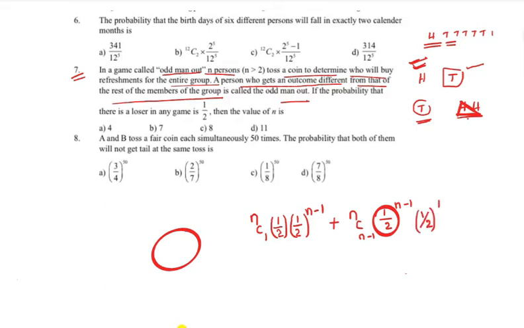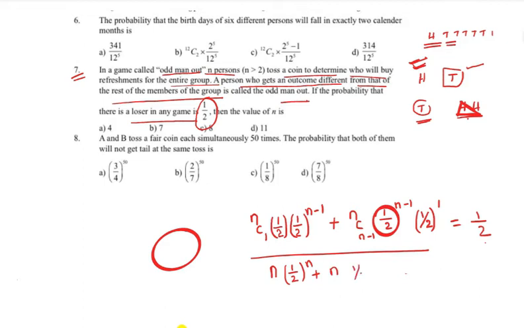Okay, so this is given in the question as 1 by 2. Because the question says the probability of a loser in any game is 1 by 2. So nC1 into 1 by 2 whole to the power of n, which is n into 1 by 2 whole to the power of n, plus nC(n minus 1), whose value is also nC1 only, into 1 by 2 whole to the power of n.